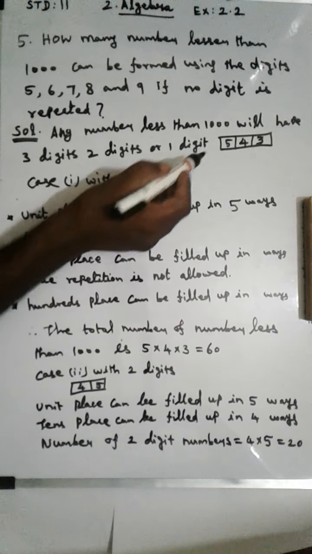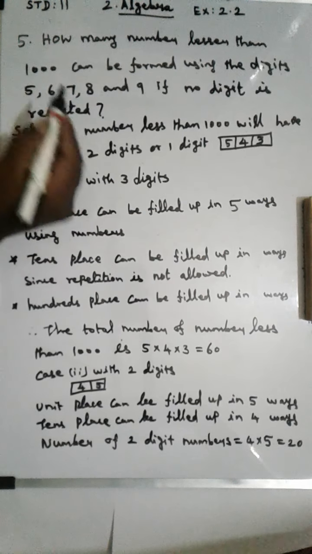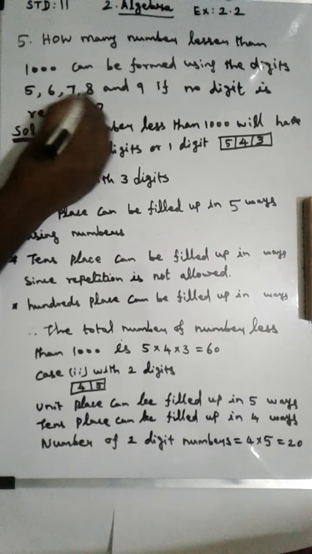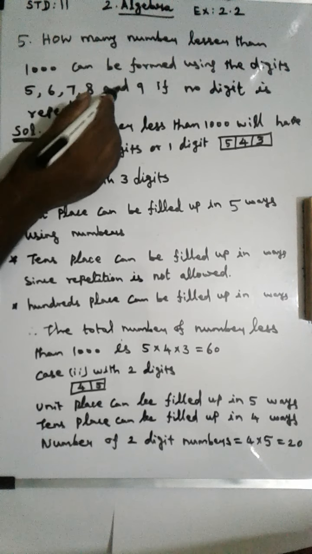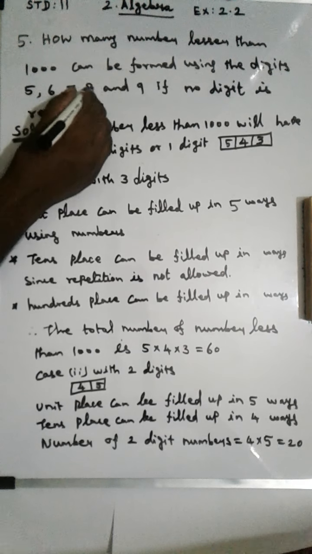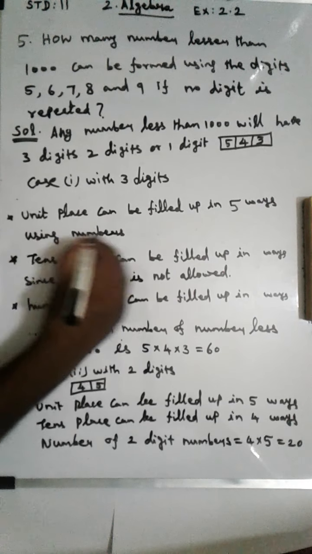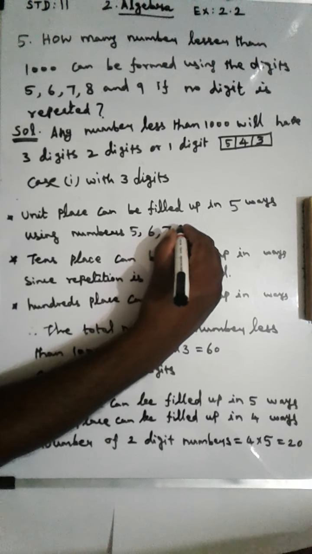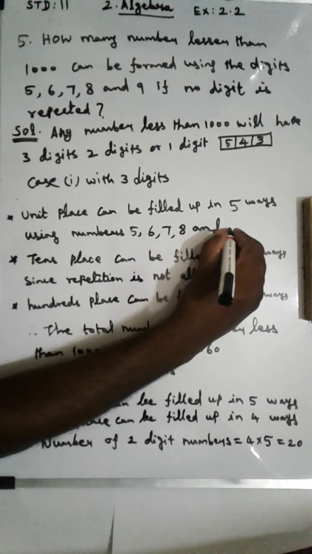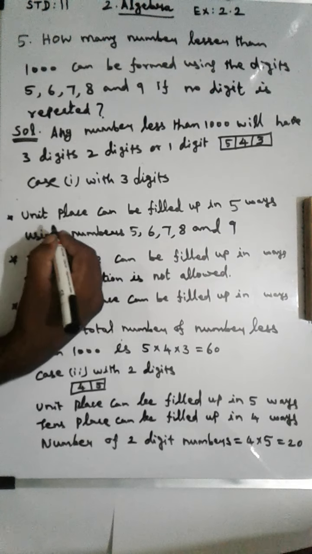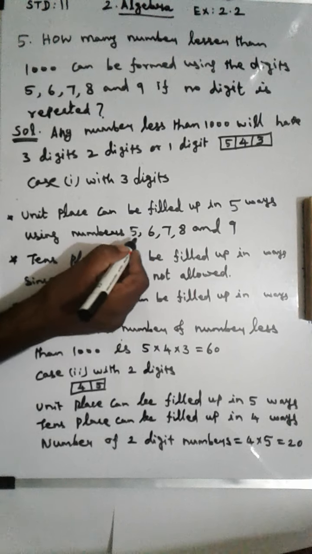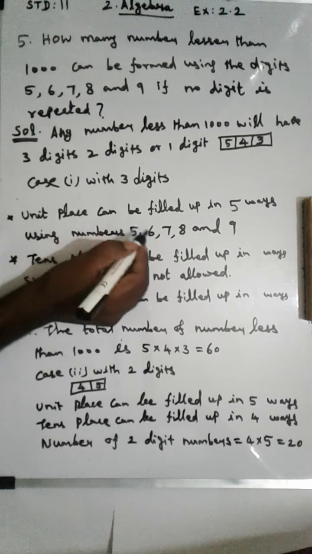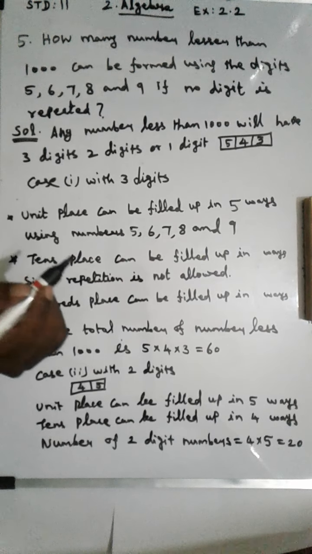Why? The total numbers we use are 5, 6, 7, 8 and 9, so 5 numbers. So the unit place is 5 ways. One number we take for the unit place, any one number. Then the remaining is how many numbers?